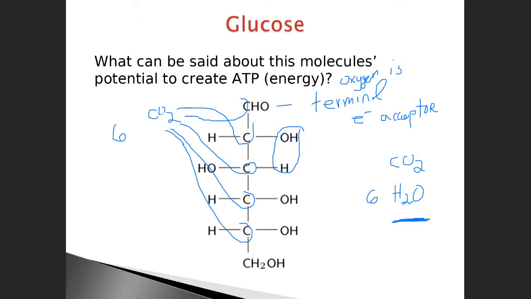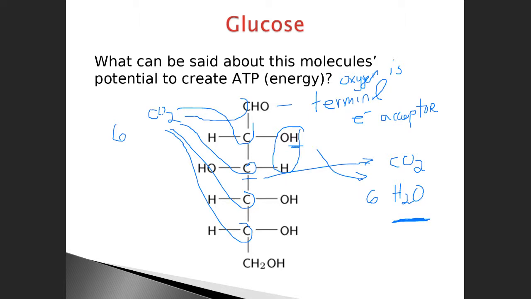And in the process, oxygen is going to bind to the hydrogen and form water. And it's going to bind to carbon and form CO2. So that glucose molecule either becomes CO2 or water. But more importantly, the cell was able to use that to make ATP, or energy.